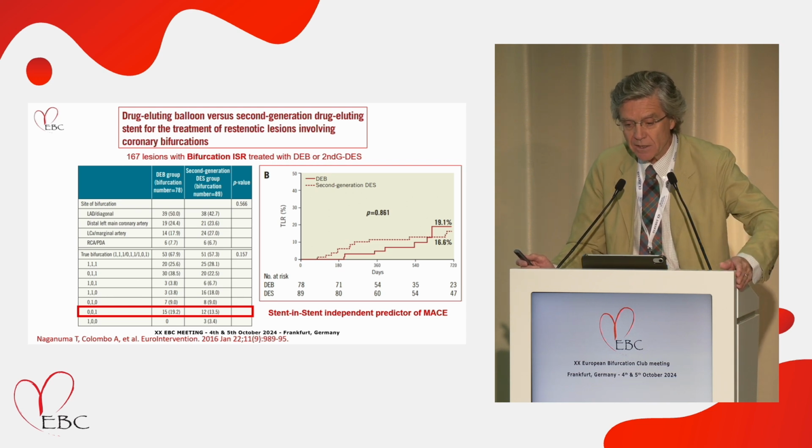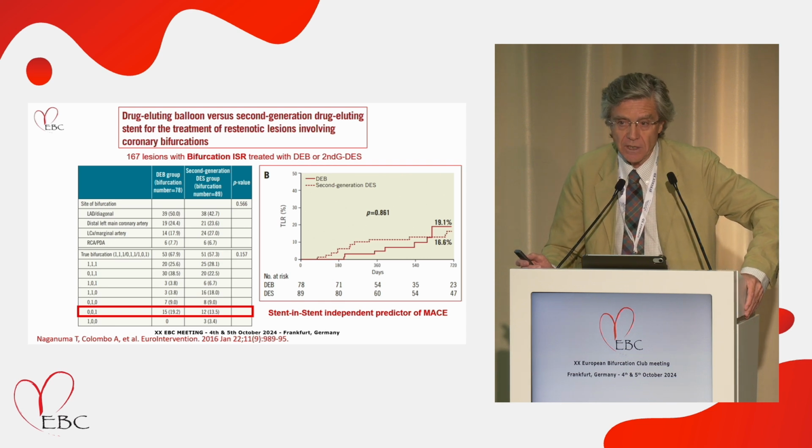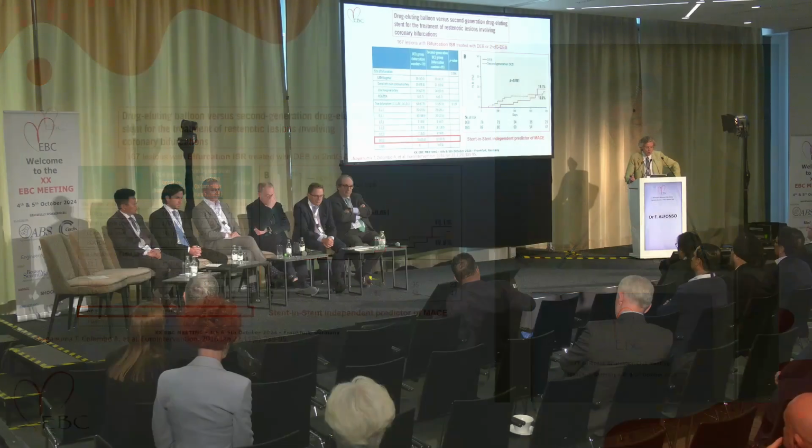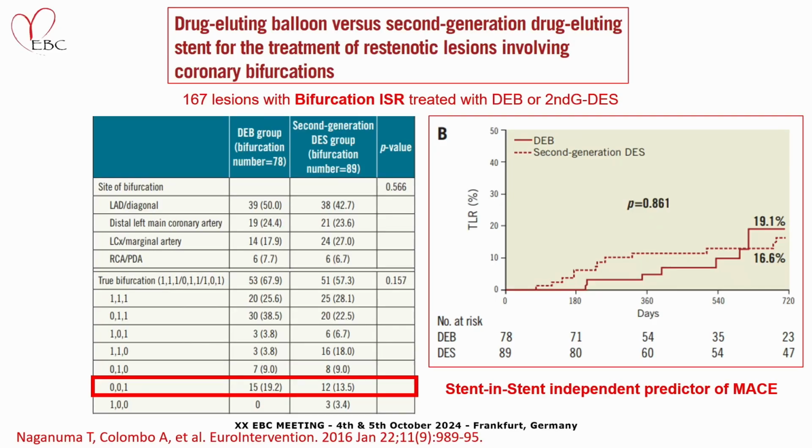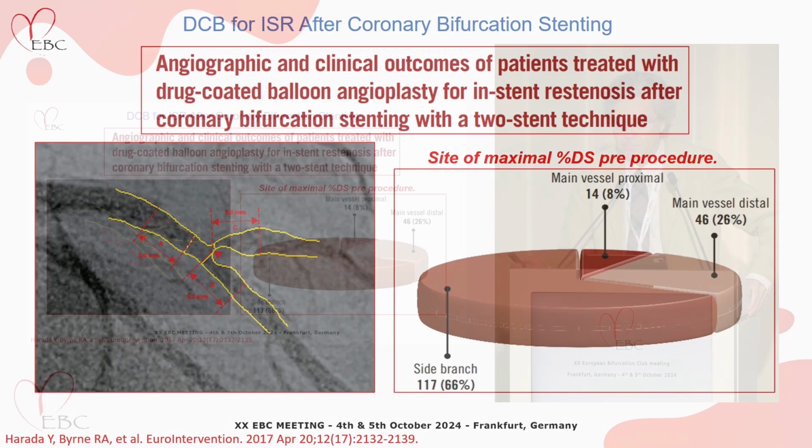As you may see in red, only a minority of these ISR were actually 001, and the conclusion of the study was basically that the two strategies, a stent strategy versus a DCB strategy, were similar, but in this paper it was emphasized that the initial stent-in-stent strategy was associated with MACE.